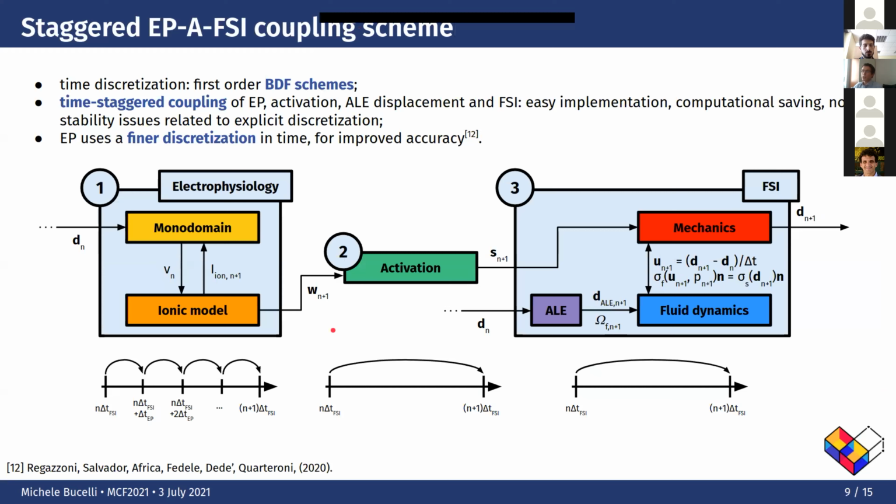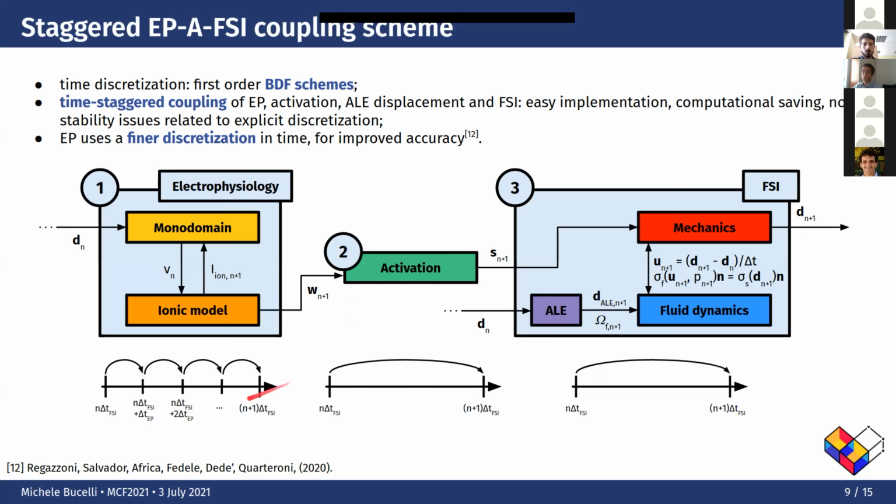Let me start by describing the time discretization scheme, which also gives the broad picture of how we deal with the coupling of the different equations. First of all, we use a finite difference discretization for approximating time derivatives appearing in equations, and we rely on a staggered in time coupling scheme. What do I mean by that?